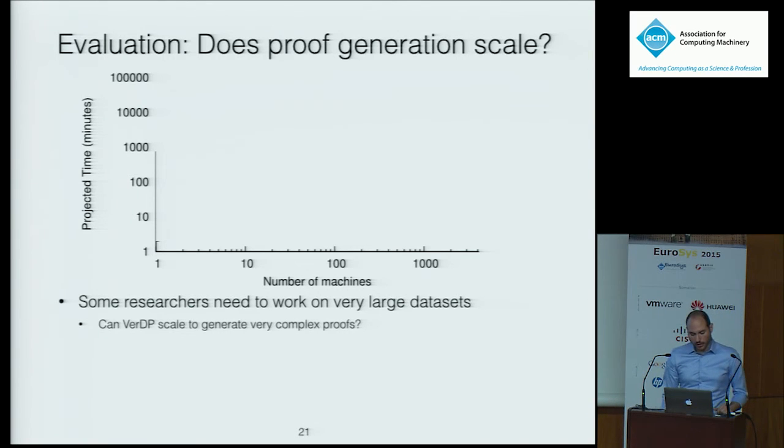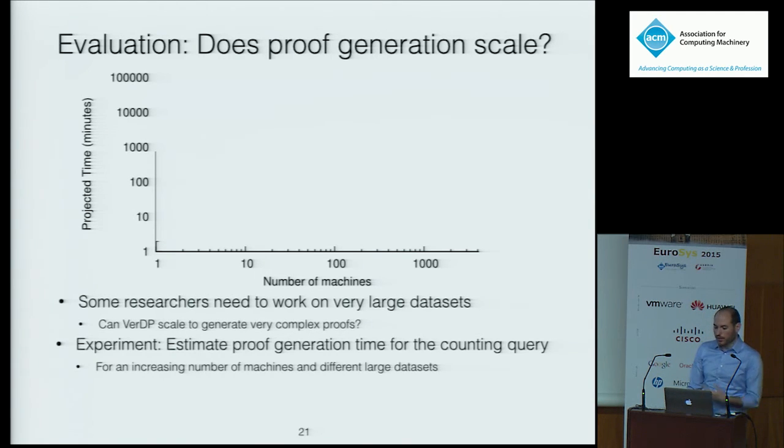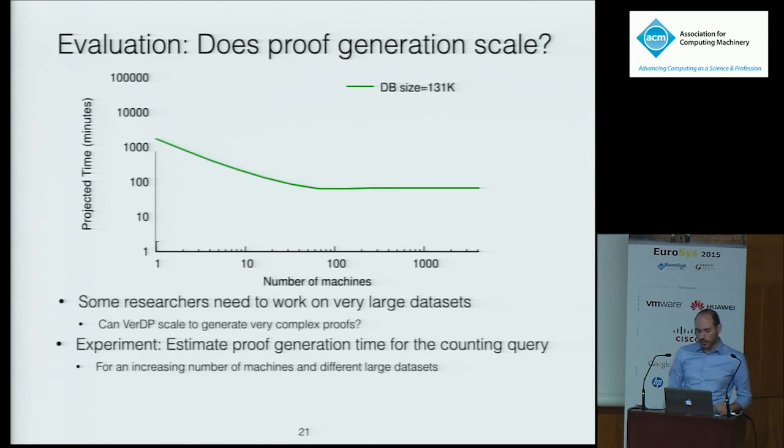Lastly, some researchers might want to work on very large databases. So it's natural to ask, can we use many machines to generate larger proofs? And since we didn't have 1,000 machines, we estimated the time that it would take to generate a proof for the counting query for a data set of 131,000 entries.